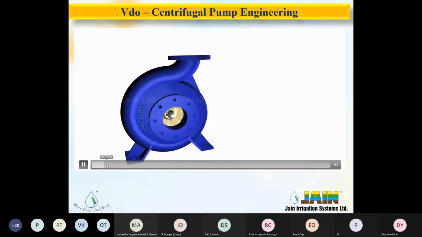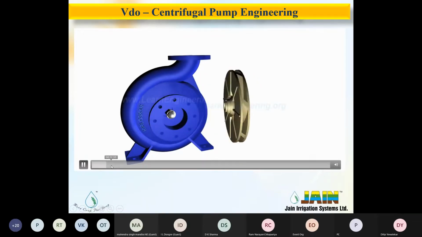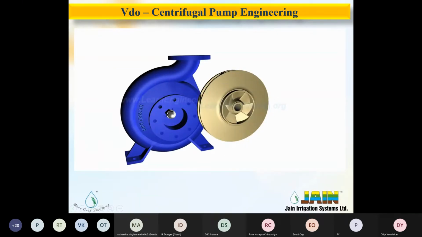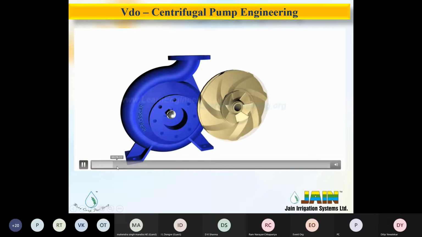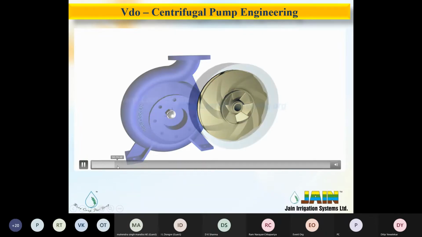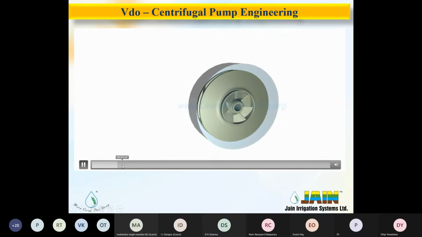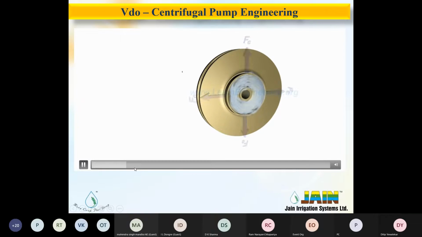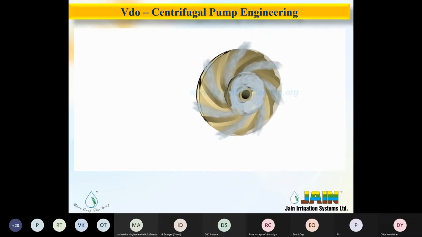So this is a video from Kirloskar, impeller inside. With the centrifugal force, the water is discharged.